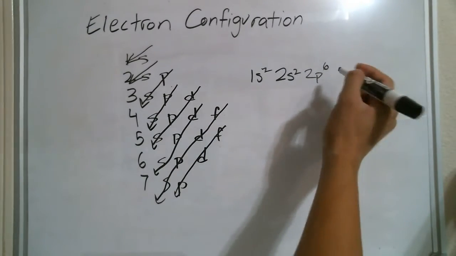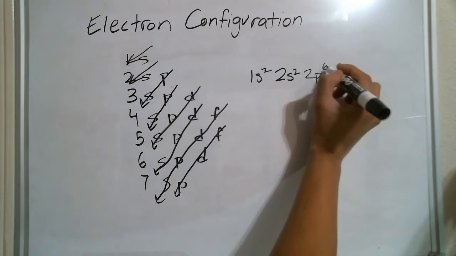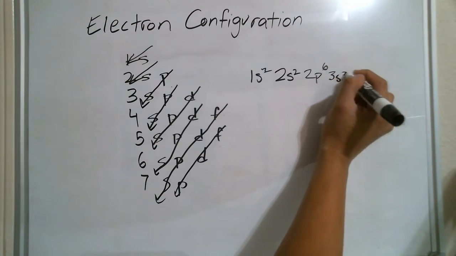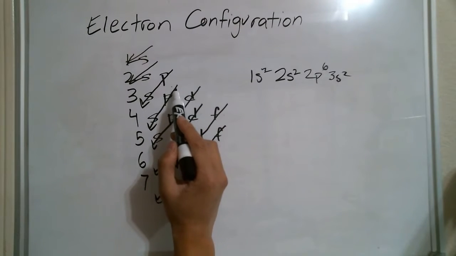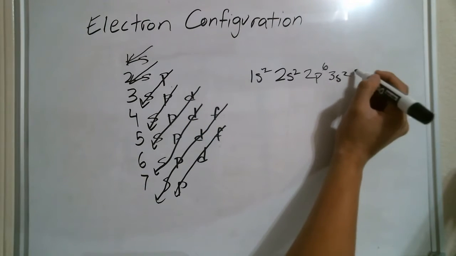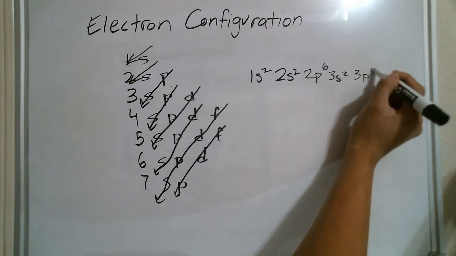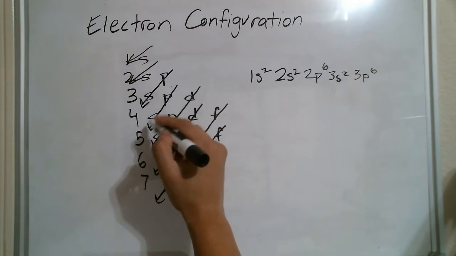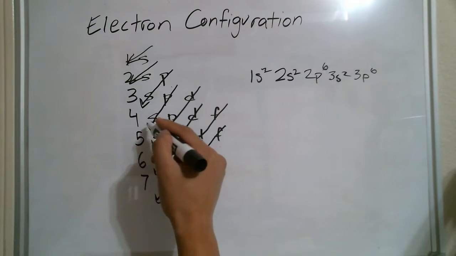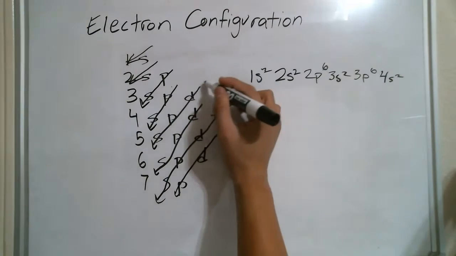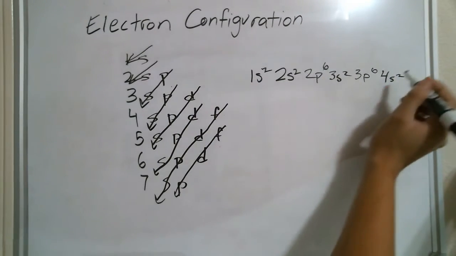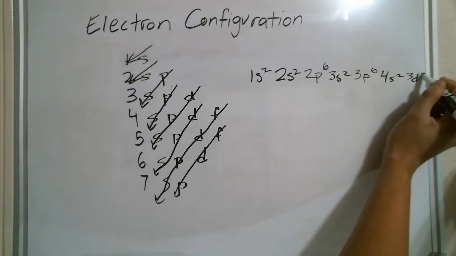And then we go 3s next. Then we go back up to the top of the arrow right here, so we have to do 3p next. And then 4s. We don't go to d yet; we go 4s next. And now we go to d, to the top of the arrow. This is 3d10.